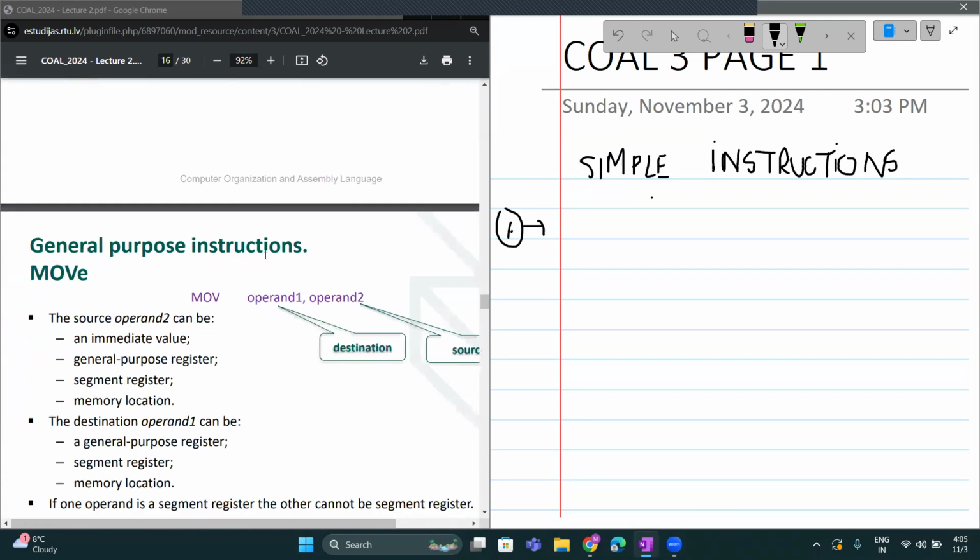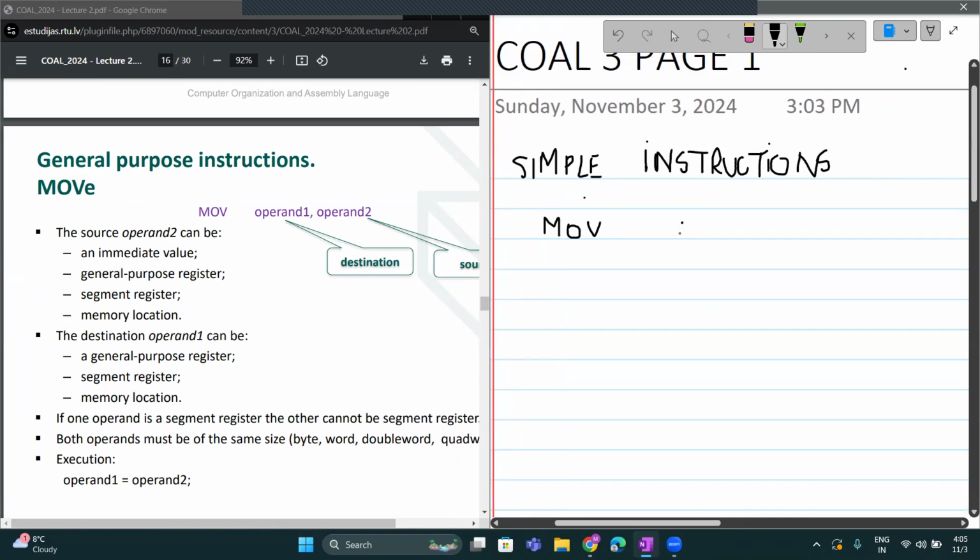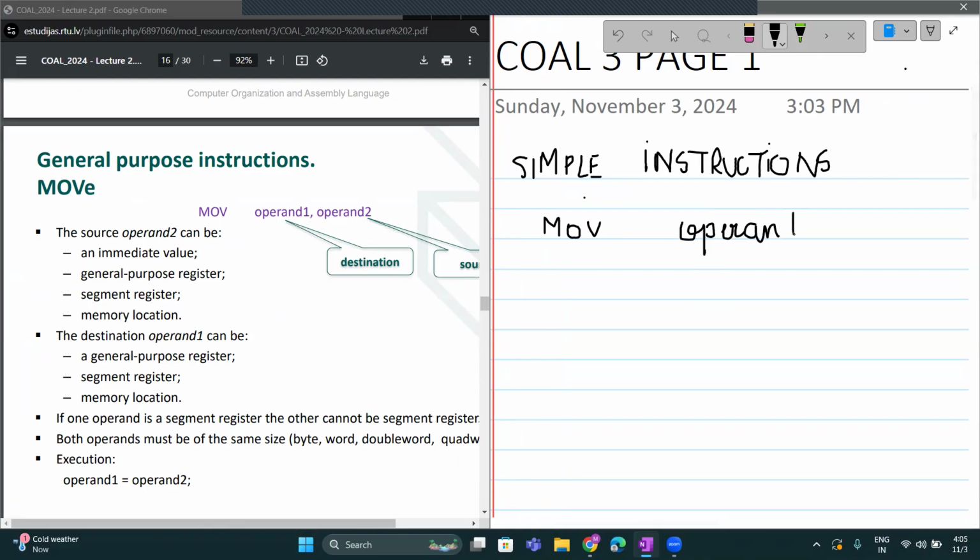So first, the basic instruction is move, and as the name suggests, it moves or copies the value from, for example, operand 1 to operand 2. What does operand mean?